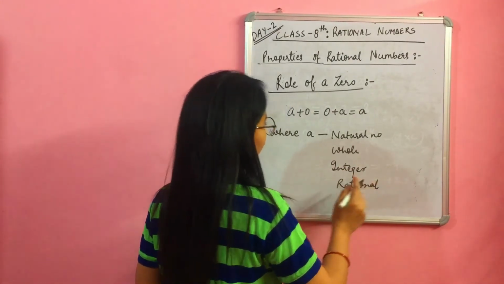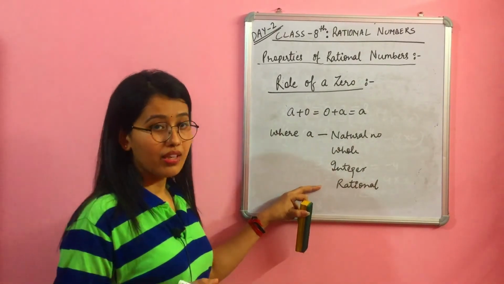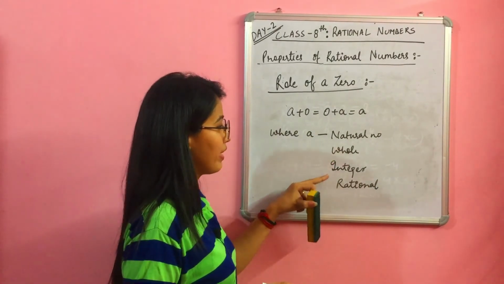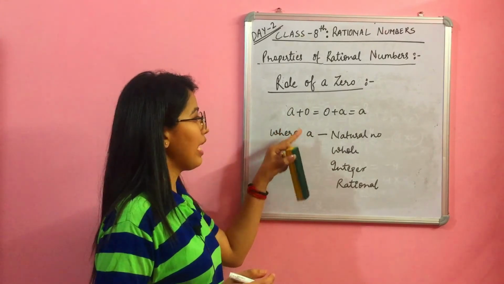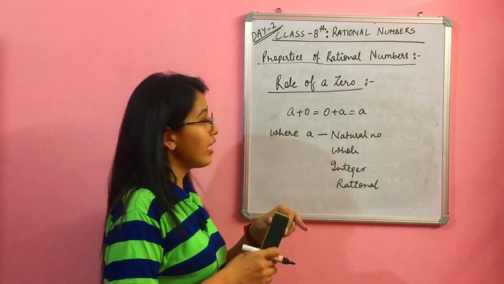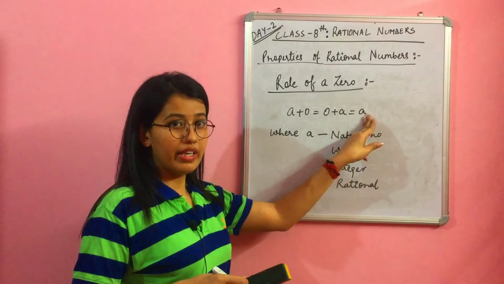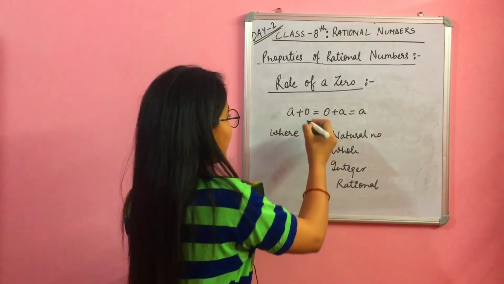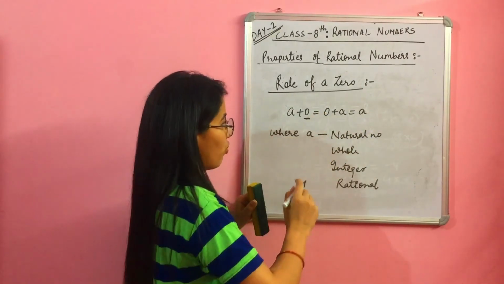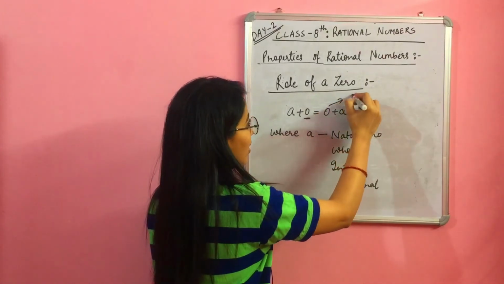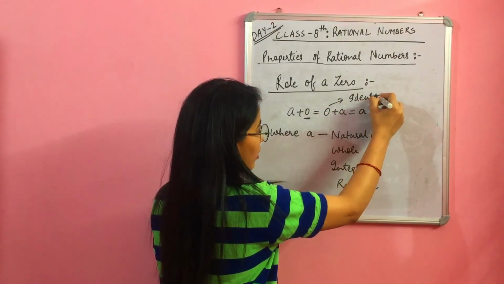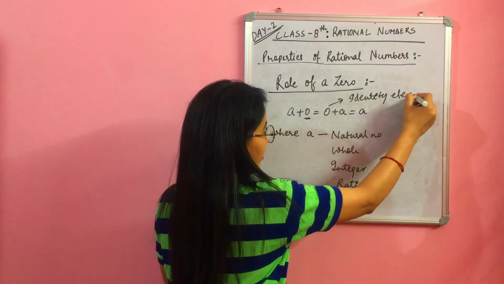Whenever you add this a to 0, it will give you the number itself. So what is the role of this 0? We will call this 0 the identity element.